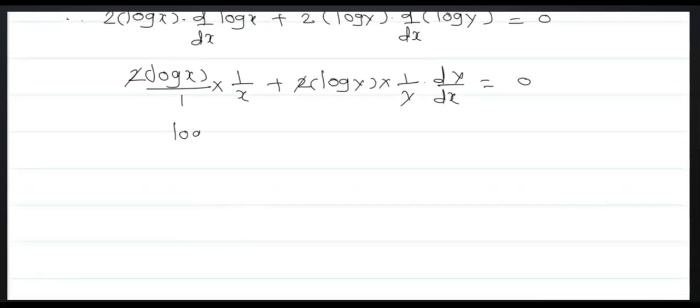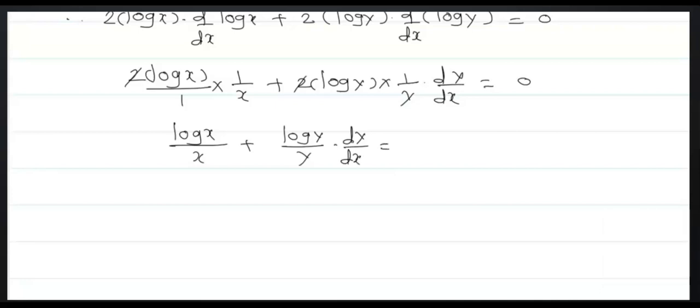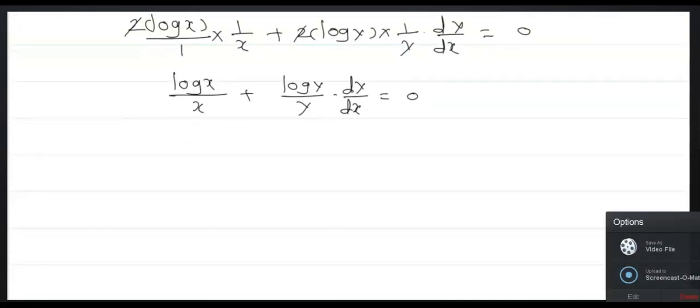These 2s get cancelled overall. Therefore log of x upon x plus log of y upon y is equal to 0.